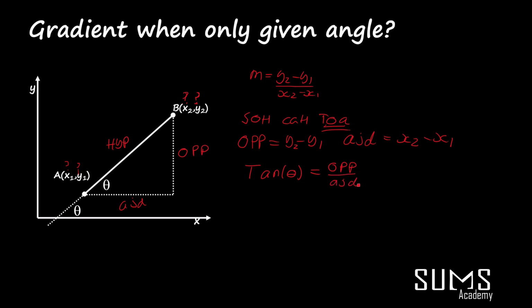If you look back here, you'll see that the expression for m is y2 minus y1, but we already said that the opposite is equal to y2 minus y1, so you could put the opposite there as well. And then x2 minus x1, which we also said is equal to the adjacent.